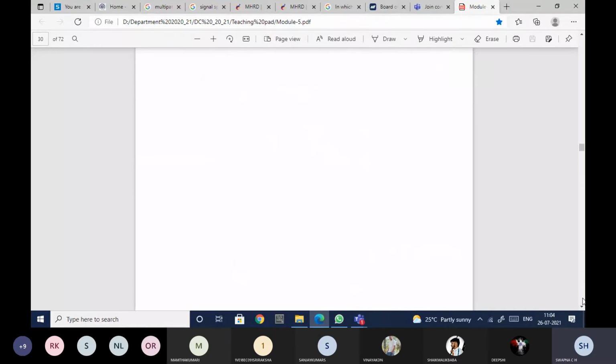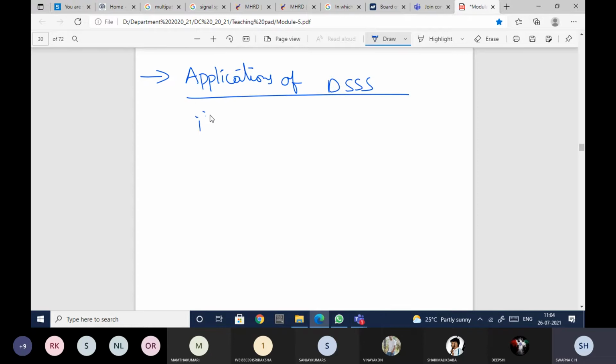Now we'll go with the applications of DSSS. Okay, so the first application is low detectability signal transmission.